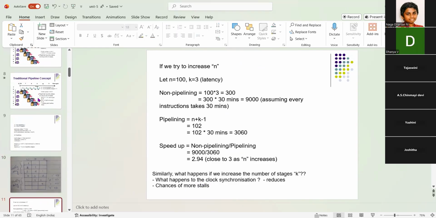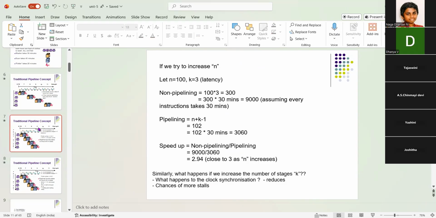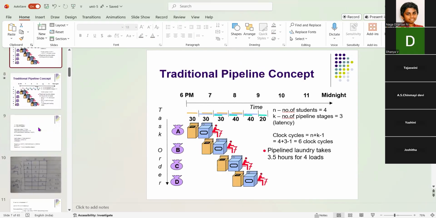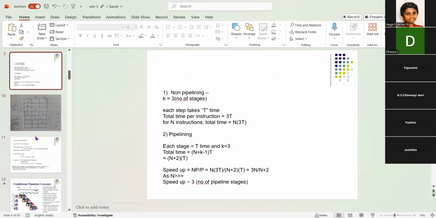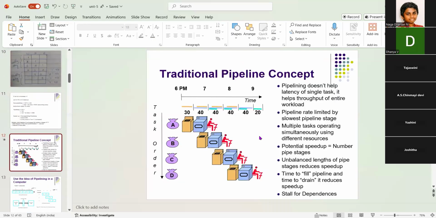Okay, so let's go back to our very old example now. Okay, we're done with this. Sorry. Now let's look into all of these points. Pipelining doesn't help latency of the single task. It helps throughput of the entire workload. What I mean by this is, the latency is the number of steps.